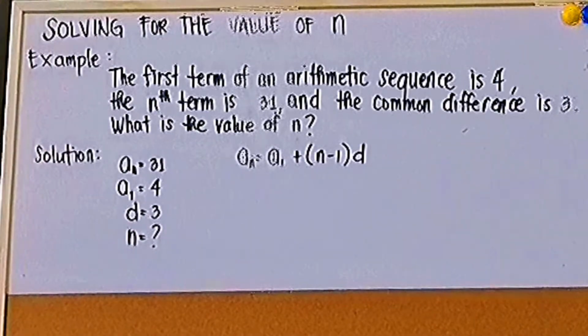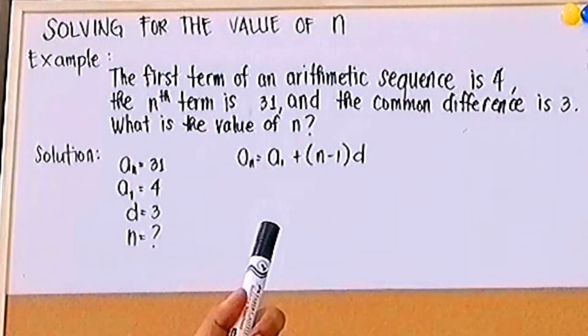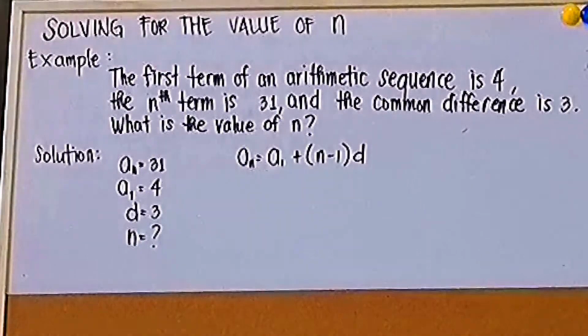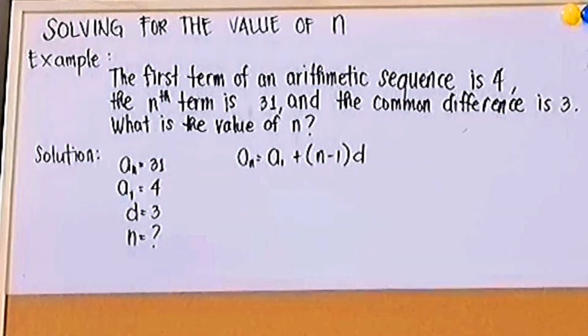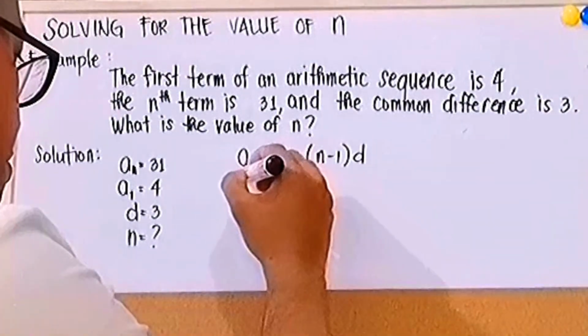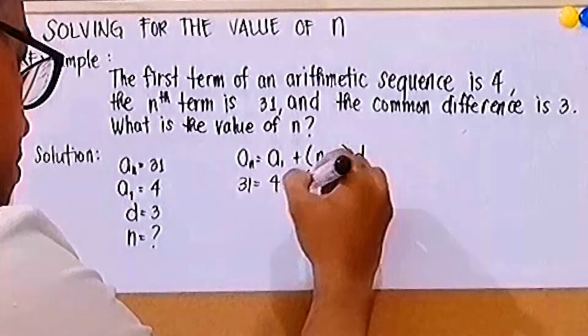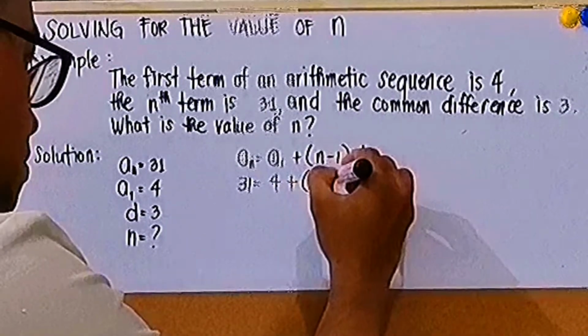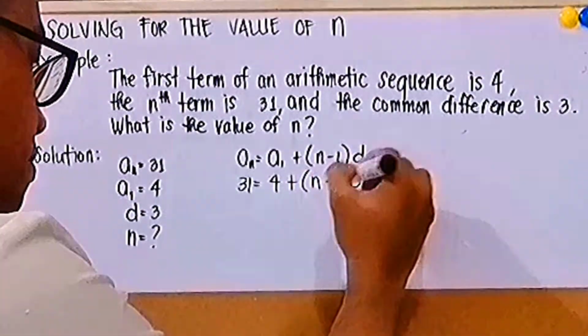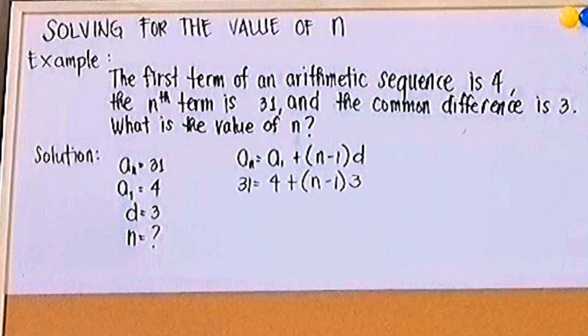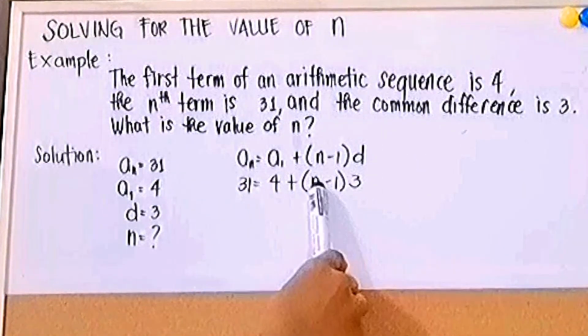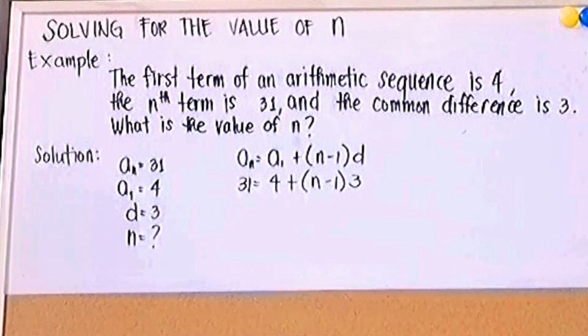To solve that one, we still use the same formula. Substitute the following given. Next, let's try to distribute 3 to n and to negative 1.